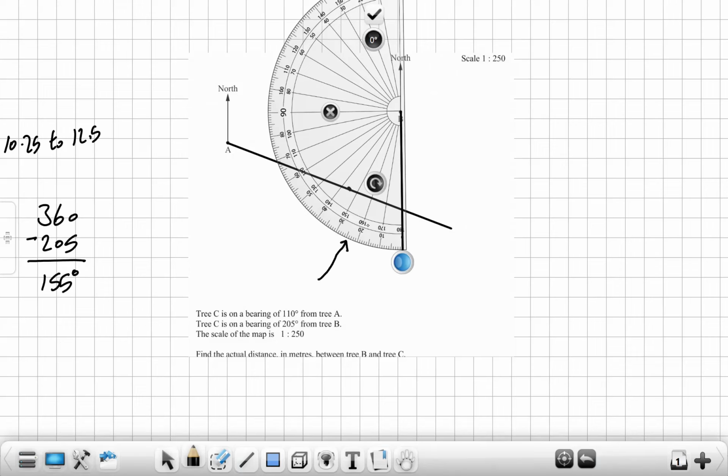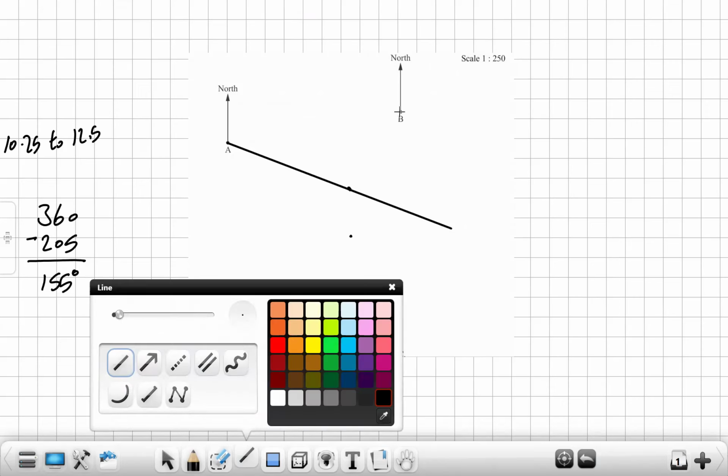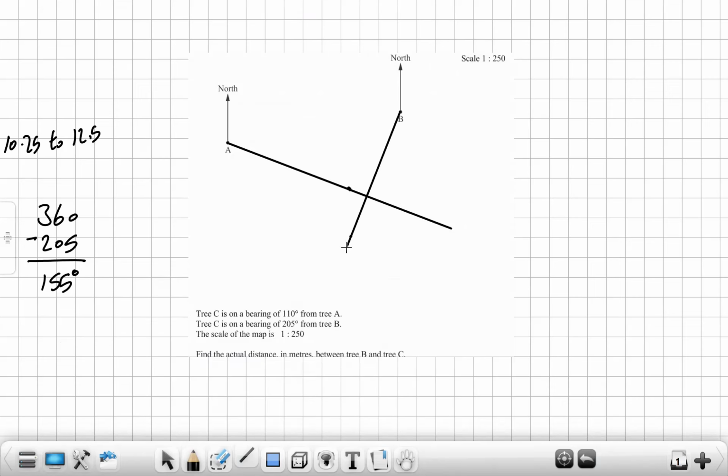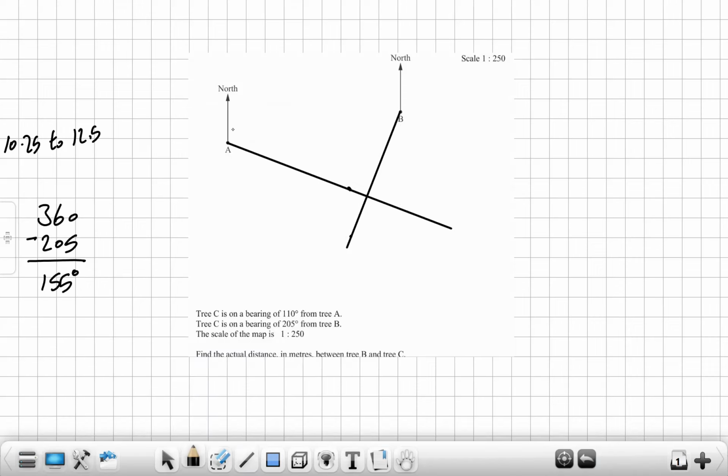Here you go. Put this away. Now erase my arrow. Connect. So now, where is the point that is on a bearing 110 degrees from A and on a bearing of 205 degrees from B?